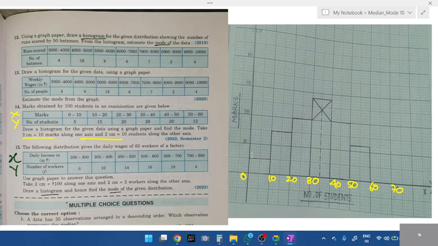Okay, do you have a ruler with you, students? Tanishka, just measure this in centimeters with the ruler.